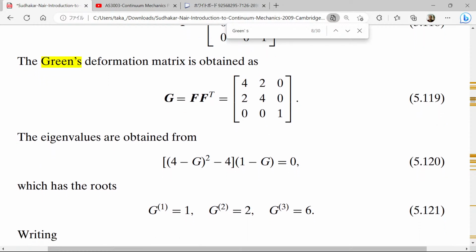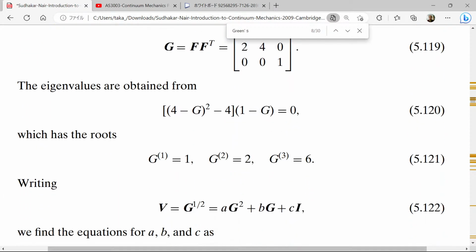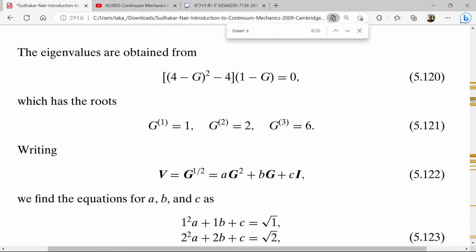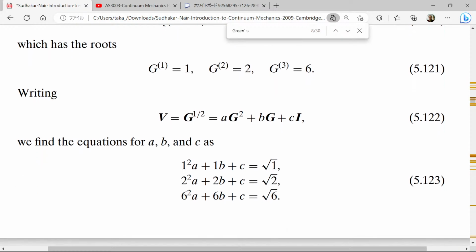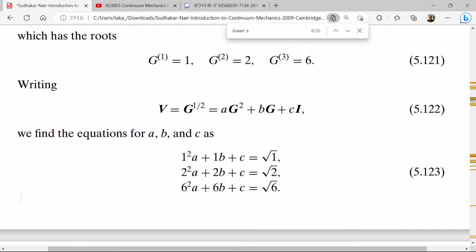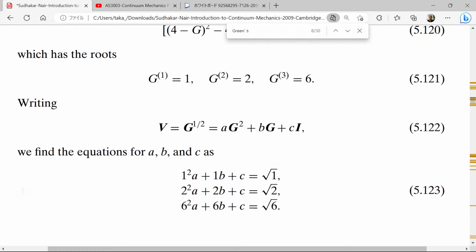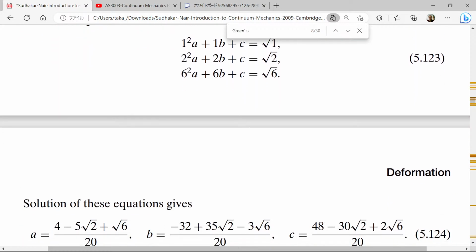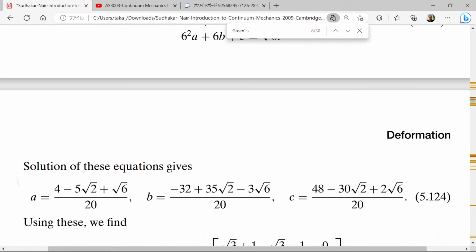Is it from Cayley-Hamilton? Which has a root. By writing this way, we found the equation for A, B, and C. Solution of these equations are these.